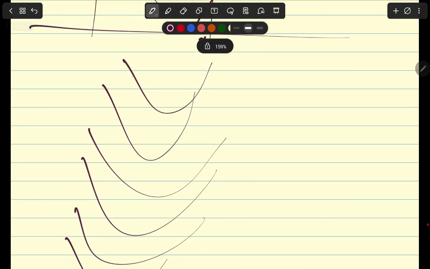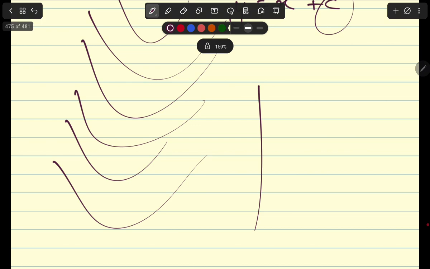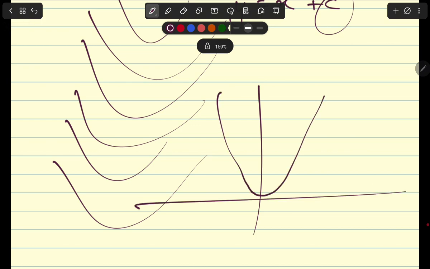So unless we are given a condition that this curve also passes through one particular point, then we plug that in and we get the value of the constant of integration. In the absence of which, if we are going to integrate 2x, we are going to put x squared plus c. We don't know where this c is going to be. So x squared is this, but we don't know whether this graph was passing through the origin.